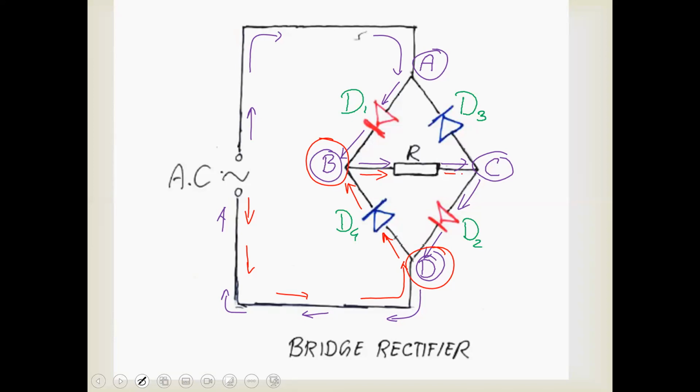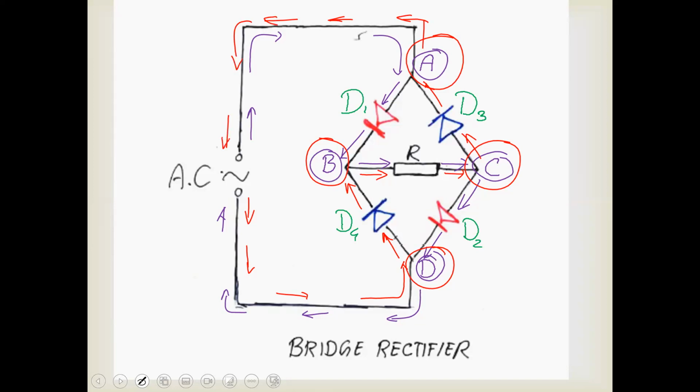It goes to resistor R, reaches position C. Then it goes up through D3, reaches position A, then travels forward and completes the circuit.